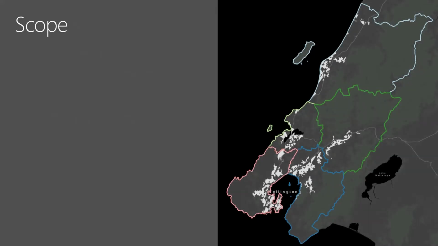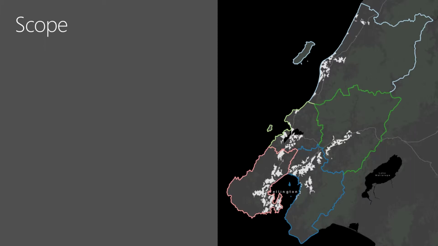In regard to the scope of the project, I have a little map here showing in white the urban or developed areas of the councils within the region, and this highlights that it's a fairly compact area where you have these different centers in very close proximity to each other.